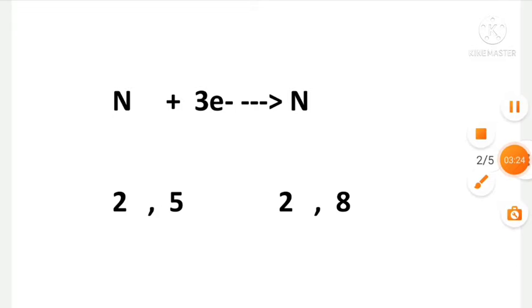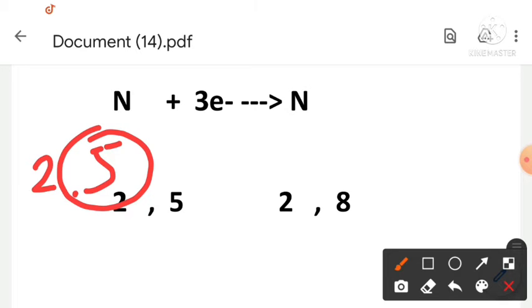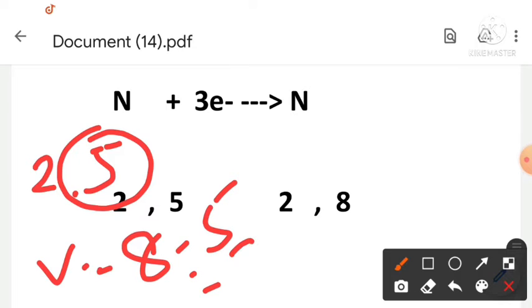Nitrogen. We know that Z of nitrogen is 7, so the configuration is 2 5. Here the valence electron of nitrogen is 5, so we get valency. Now we know that valency is equal to 8 minus 5, so the valency of nitrogen is 3, so it gains 3 electrons.